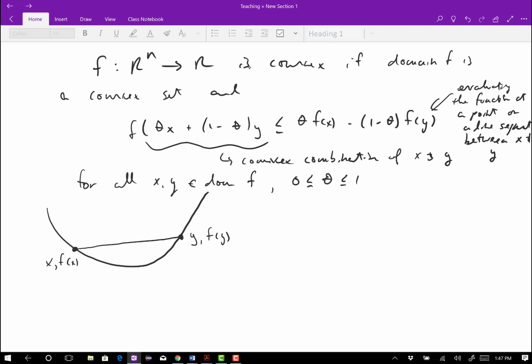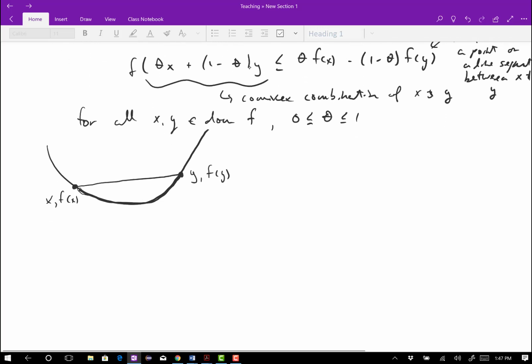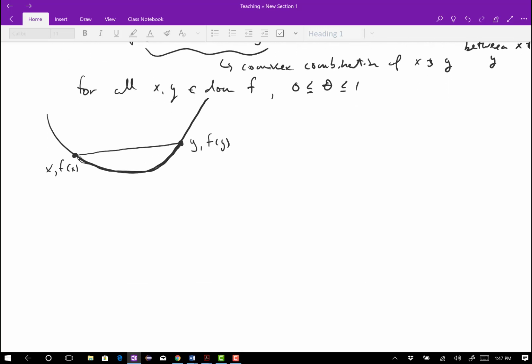And everything on that line segment basically lies above the function itself. Now, we say that f is concave if minus f is convex.